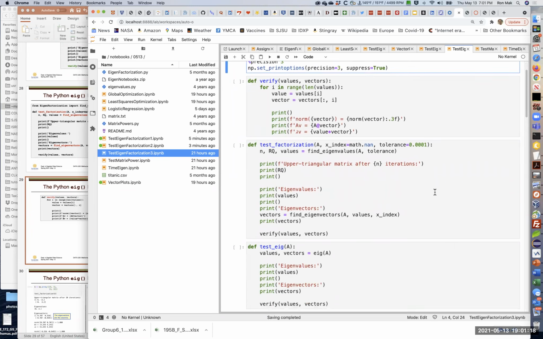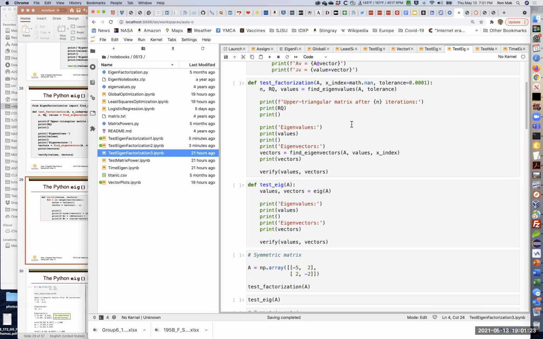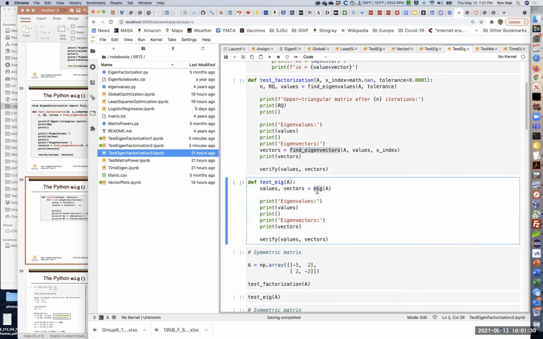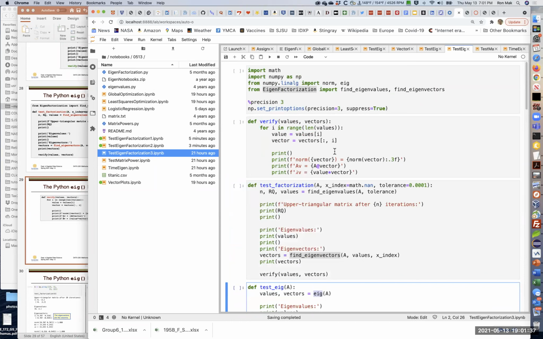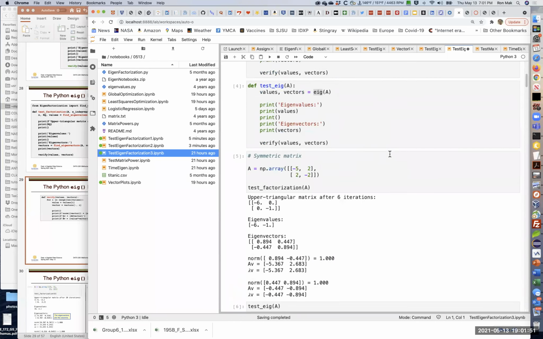Then this is the test program, and it calls my functions, and test EIG basically just calls the EIG built-in function. Let's run this. I deliberately put in some bad matrices here, so we're going to get some runtime errors. Let's do kernel, restart kernel, and run all cells. There it goes.